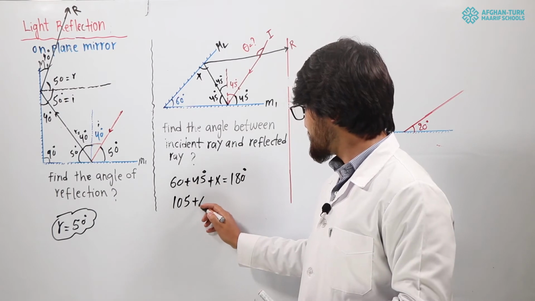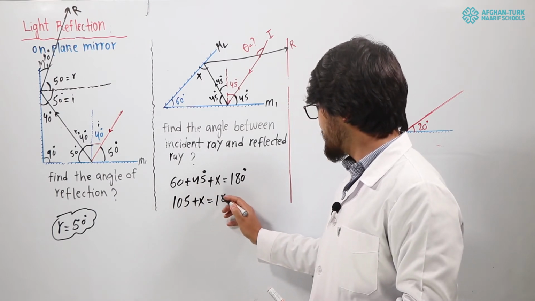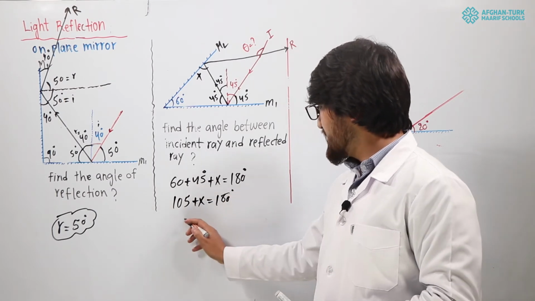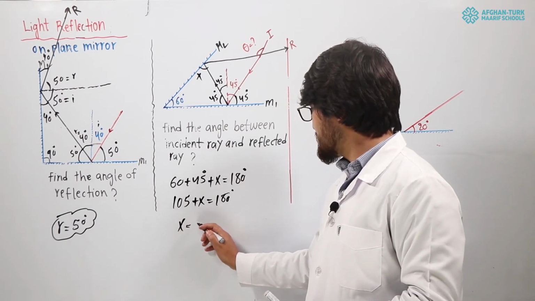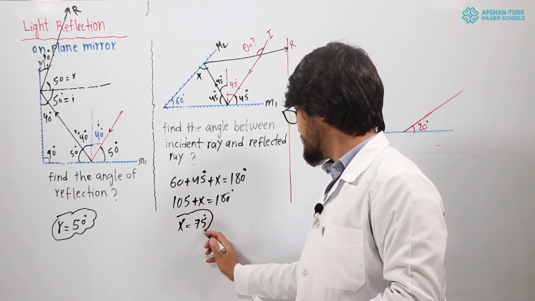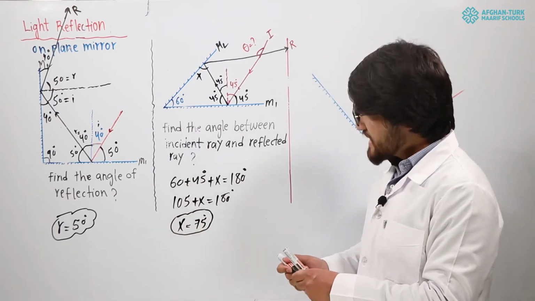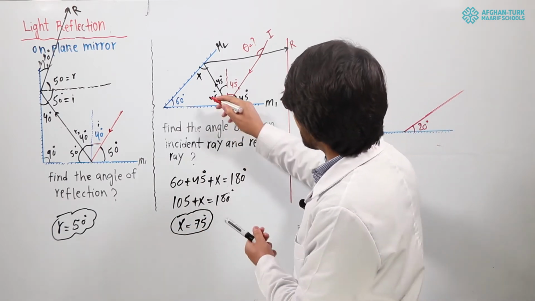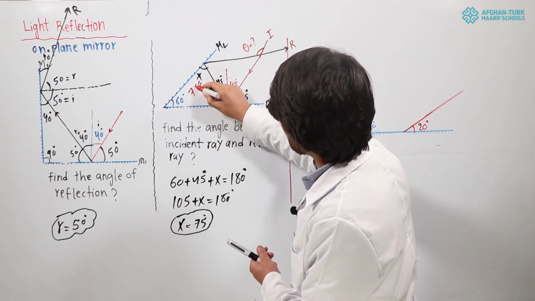X is equal to 75. This angle should be 75 degree.